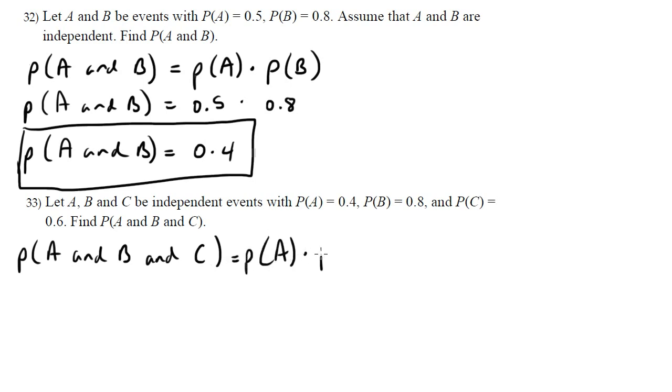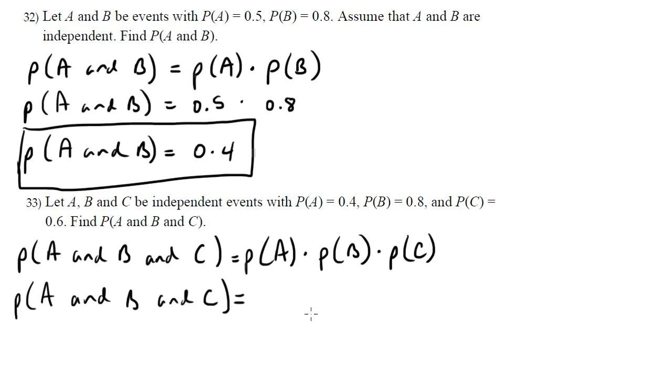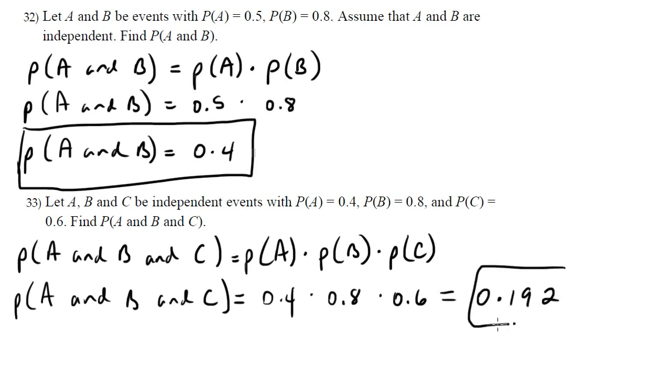Probability of A times the probability of B times the probability of C. So the probability of A and B and C, I don't want to write that again, is 0.4 times 0.8 times 0.6. 0.4 times 0.8 is 0.32 times 0.6, that's 0.192. There it is. I definitely wasn't writing that again.